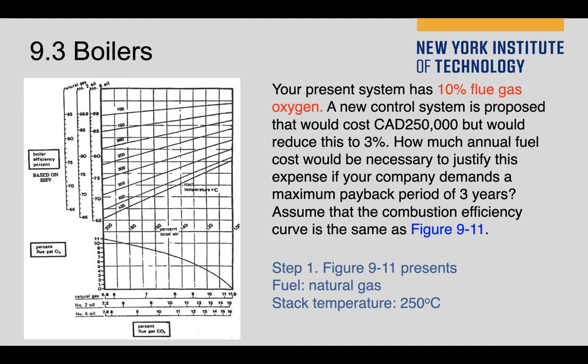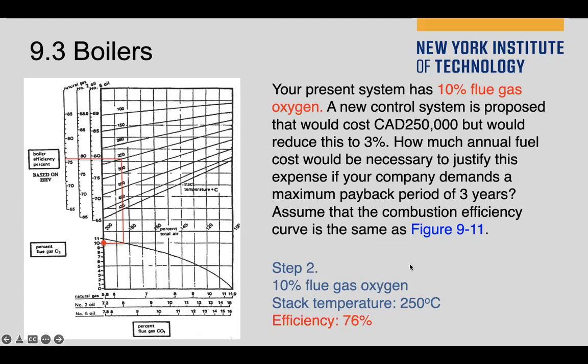Okay, so let's see how we make use of this chart. Everyone may know we need to find out the efficiency, but how do we make use of this chart? Per the question, 10% flue gas oxygen means 10% of the oxygen.